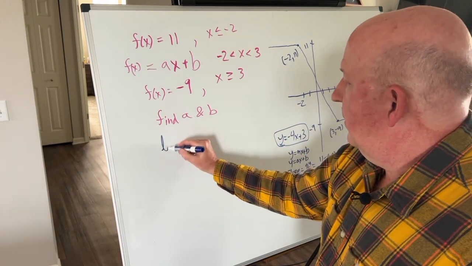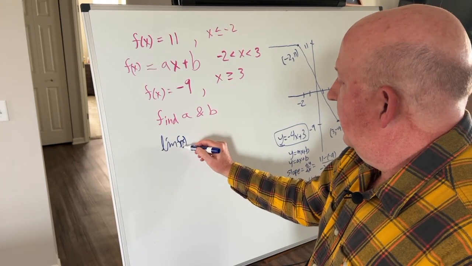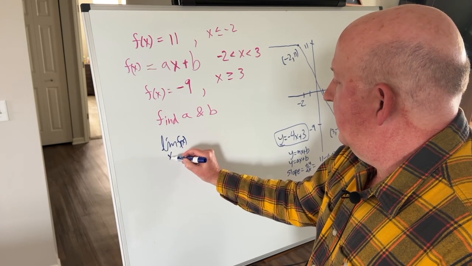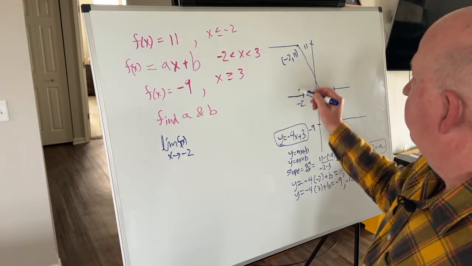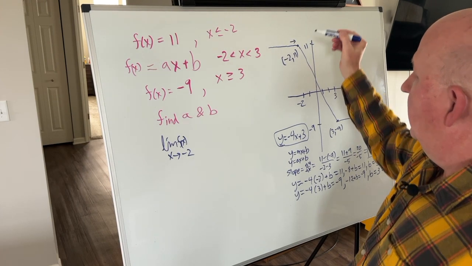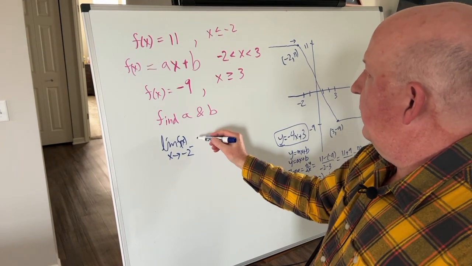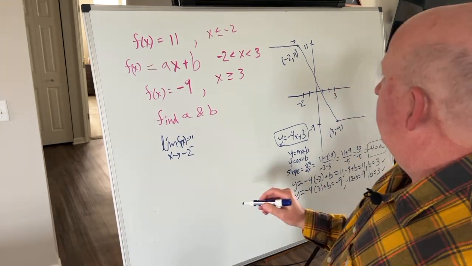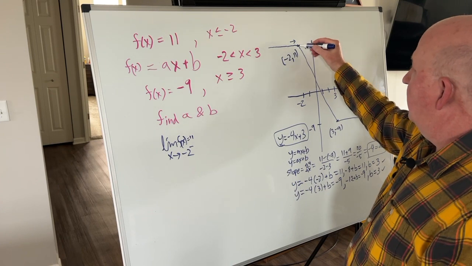The limit of f of x as x approaches negative 2 from the left, of f of x equals 11, will just be 11, because it's actually on the point.